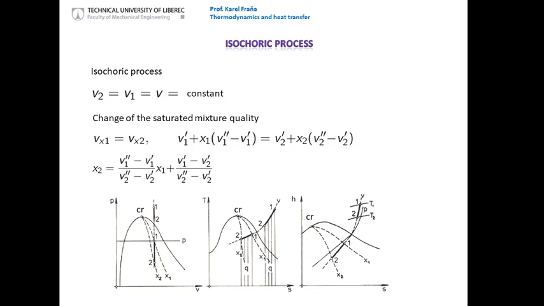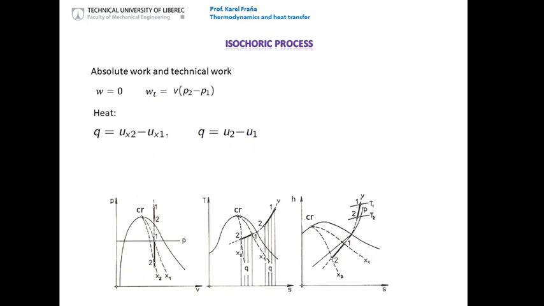It doesn't matter if we are talking about the superheated area or the saturated mixture. From this definition, you can calculate the new quality of the vapor x2. Please think about this. Try to sketch it yourself, to indicate this basic process in the PV, TS, and enthalpy entropy diagrams.